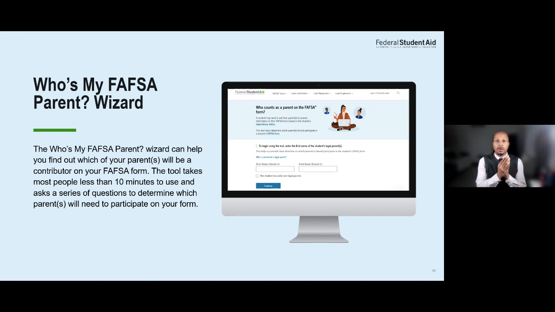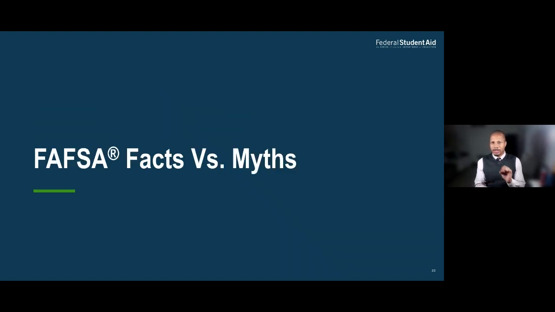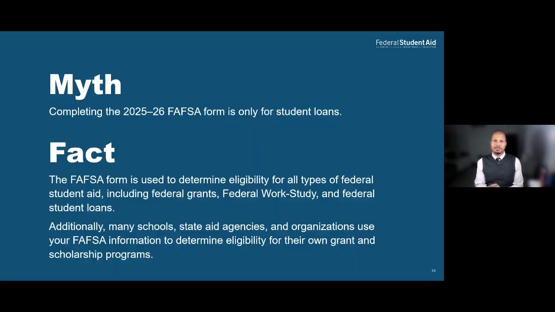You can come in on any browser and enter your information and answer the series of questions that we ask, and then we'll provide you an answer as to which parent you should provide on the FAFSA form, helping you understand that question and answer it accordingly. When we jump into the demo, we're going to come back to the live demo for the parent wizard after we complete the demo, because I know there are a lot of questions as it pertains to that.